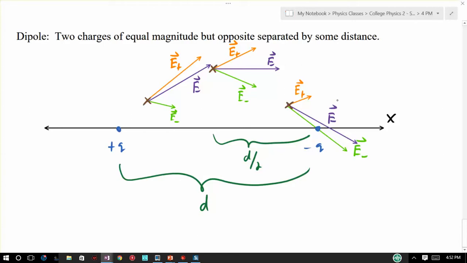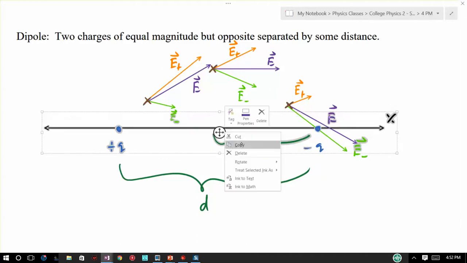So that's just 3 points for this dipole. But what you can do is pick a whole bunch of points. And when you do that, this is the typical picture. Let me see if I can just copy this part here. Well, that's pretty good.